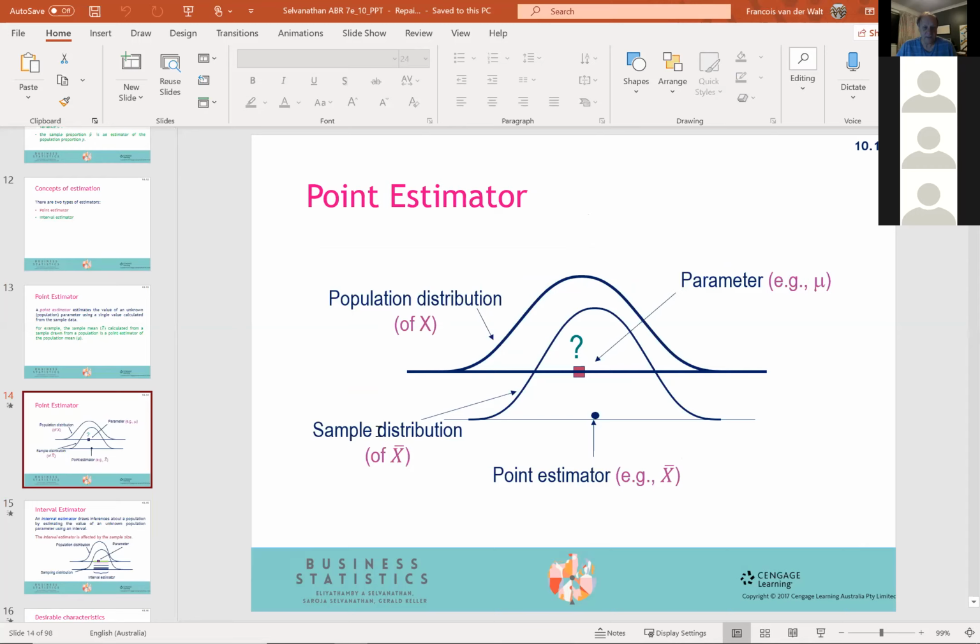We draw a sample and we calculate the X bar, the mean of the sample, and we estimate that this is the population mean. But you can see it's slightly out, isn't it?